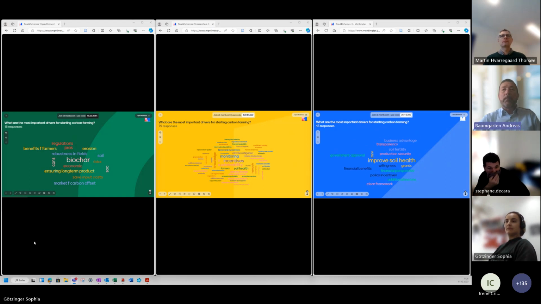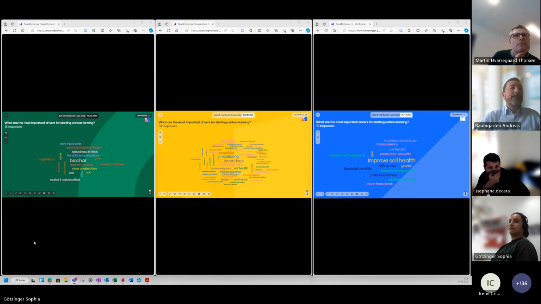So there are still some things coming in. And as you can see already, there are different approaches by the different groups. If going to the practitioners, we say the most important topic obviously is something to directly raise the carbon content in the soil, namely biochar, which is very interesting.